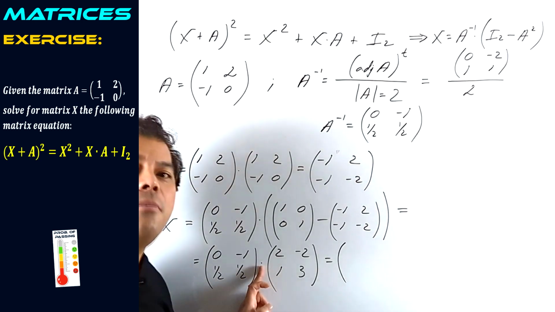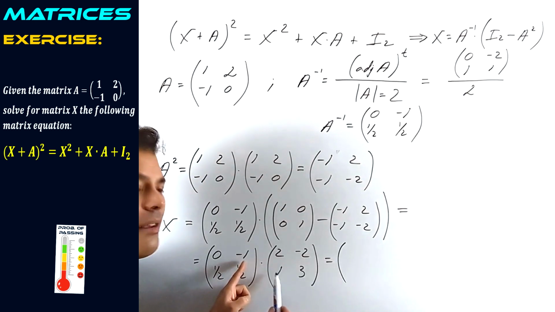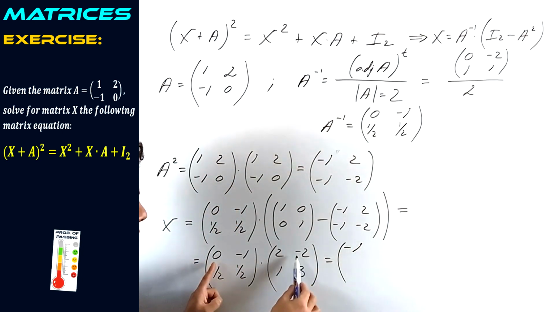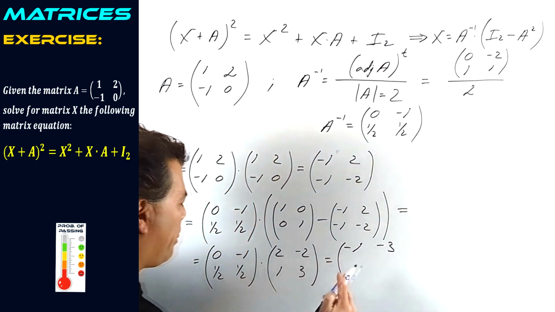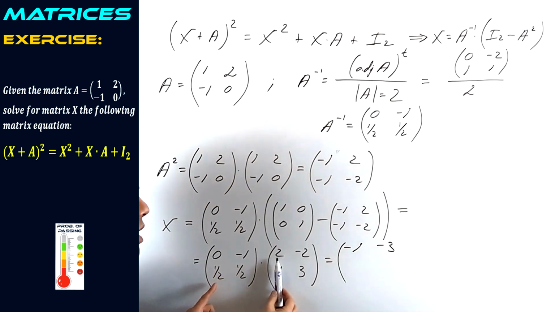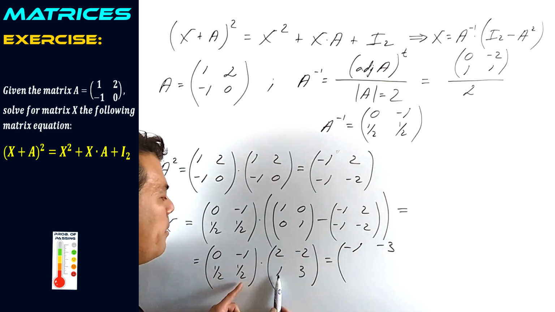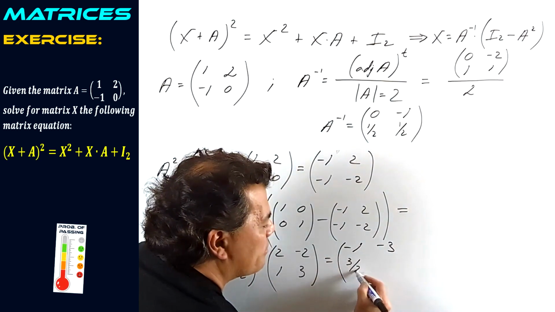We just have to multiply these two matrices, 0 and -1, 0 and -3. 1/2 times 2 is 1. 1 plus 1/2 is 3/2.